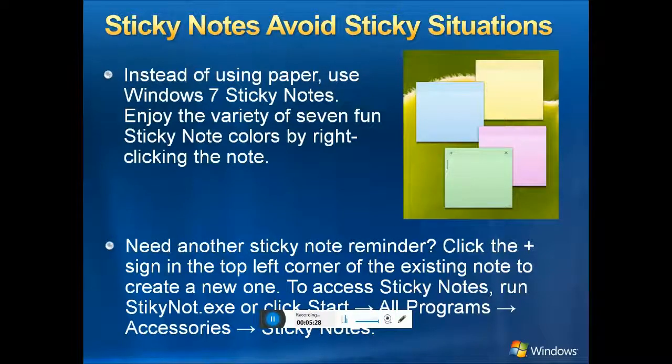Instead of using paper, use Windows 7 Sticky Notes. Enjoy a variety of colors for your notes by right clicking on the note. If you need another sticky note, click the plus sign in the top left corner of the existing note. You can create one from Accessories, or run Sticky Notes by clicking Start, All Programs, Accessories, Sticky Notes.